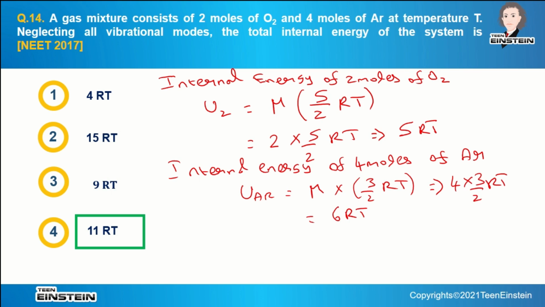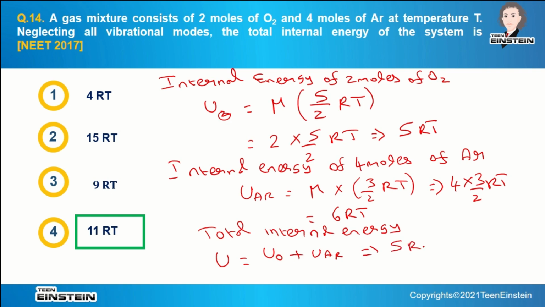So the total internal energy will become U is equal to U oxygen plus U argon. So this will become 5 RT plus 6 RT, which is equivalent to 11 RT. So the correct answer is option 4, 11 RT.